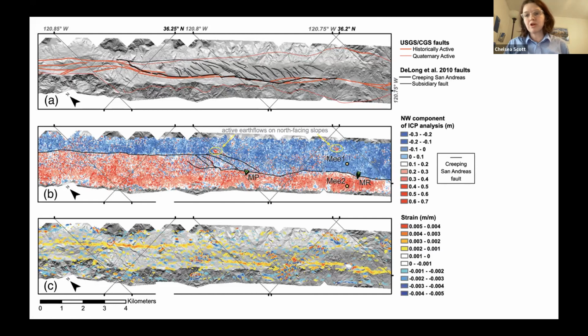So we can use topographic differencing along with detailed fault mapping to look at fault zone evolution over the tens of thousands of year timescale. And these results also have important implications for fault displacement hazard, as with this mapping and differencing, we can locate the active fault.